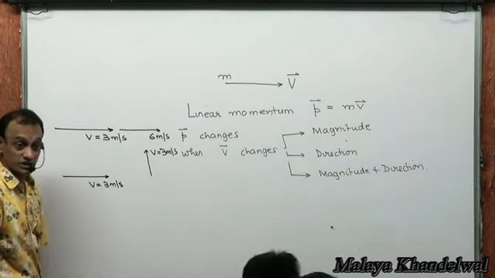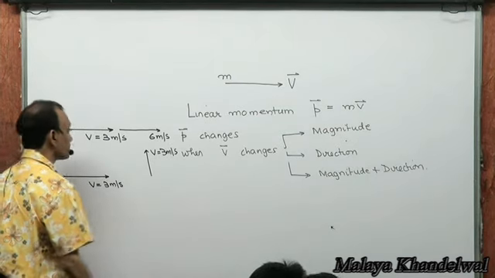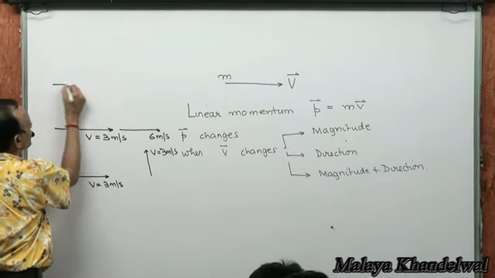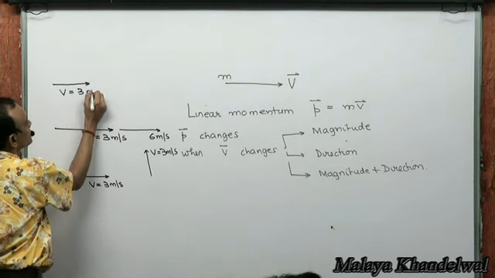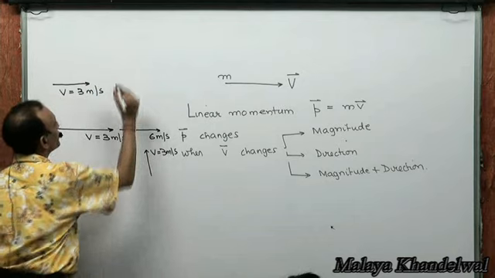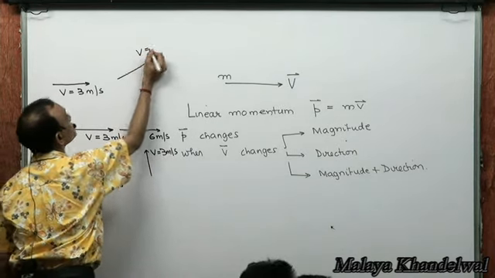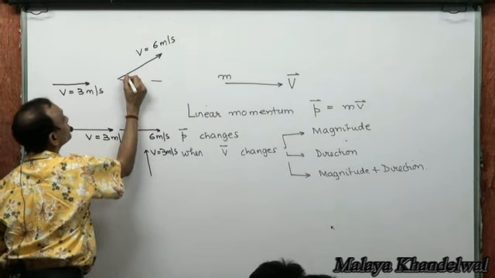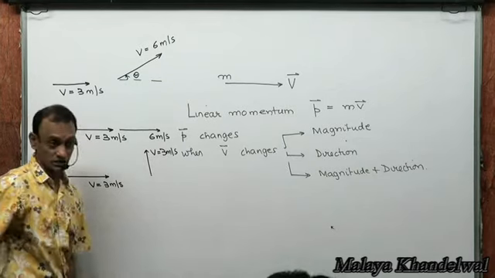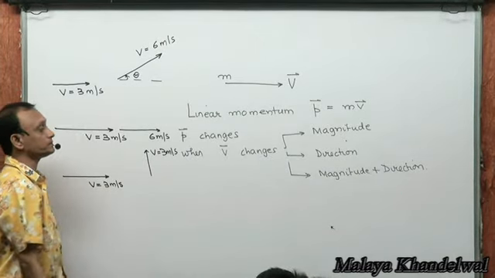So only the direction changes, but the magnitude remains the same. Or we could have had a particle moving with a velocity of 3 meters per second, and after a while, it starts to move in this direction with a velocity of 6 meters per second. In this case, both the magnitude and direction have changed.